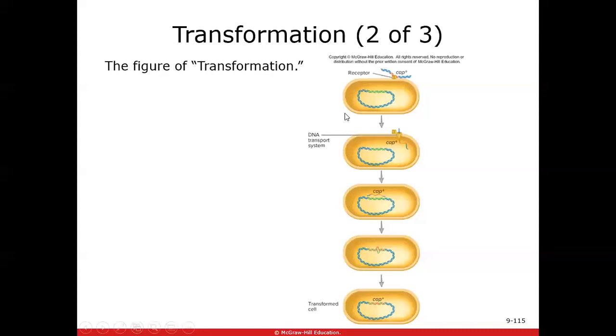What this is saying is that you can just have some DNA floating around, and a bacterial cell can ingest it and it gets incorporated. Now that bacterial cell incorporates it into its DNA, and from that point on, it has that characteristic that was just floating freely.